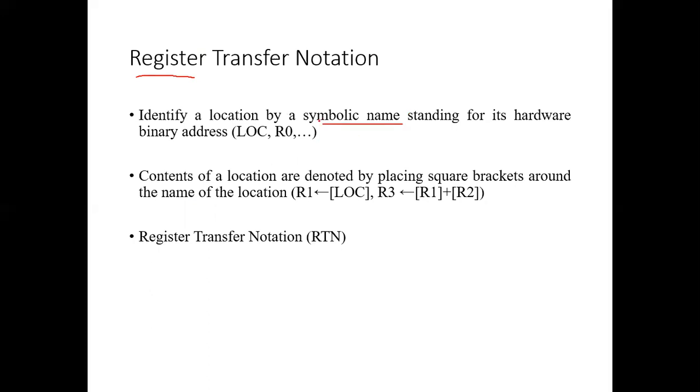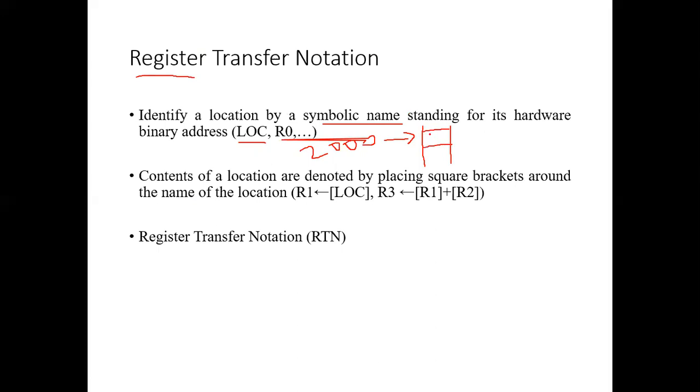Say, for example, LOC. If an instruction has LOC, it means that LOC refers to some memory location. If LOC contains 2000, then it is not referring to 2000 itself, it is referring to the location 2000, that is, the value at 2000.